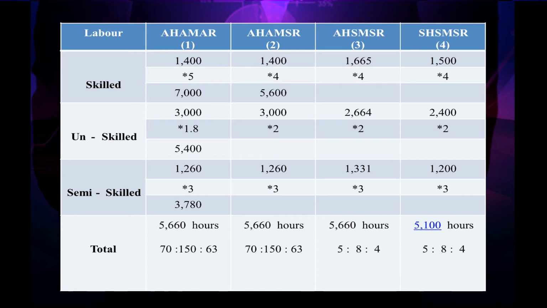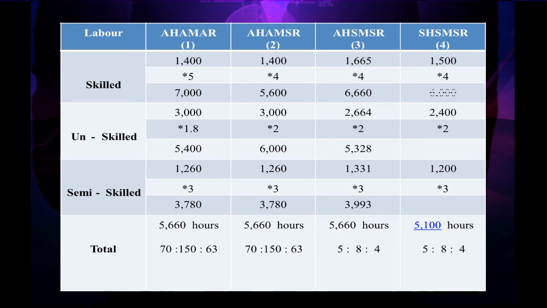Similarly, 5600, 6000 and 3780 for column 2 for skilled, unskilled and semi-skilled labor. The product of column 3 is 6660 for skilled, 5328 for the unskilled, 3993 for the semi-skilled.